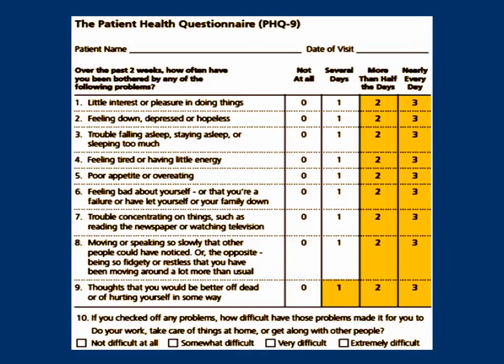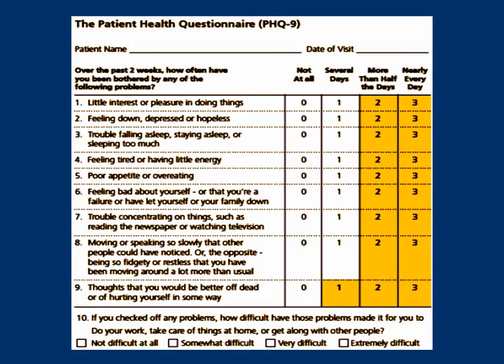So some of you may be using the Patient Health Questionnaire 9 or the PHQ-9. So this is what it looks like. It does measure all of the criteria for depression in the DSM-5. So it's an accurate screening tool or evaluation tool for depression. We can't diagnose depression, but we can certainly find out information about it and report it so that the physician or psychiatrist, psychologist can accurately diagnose the patient.